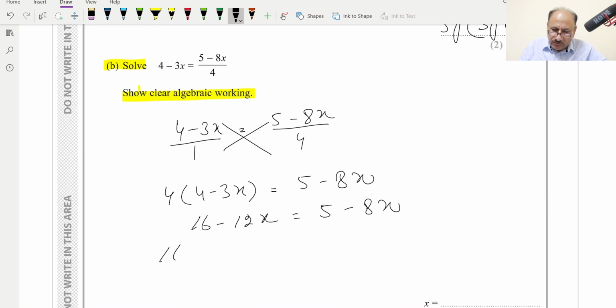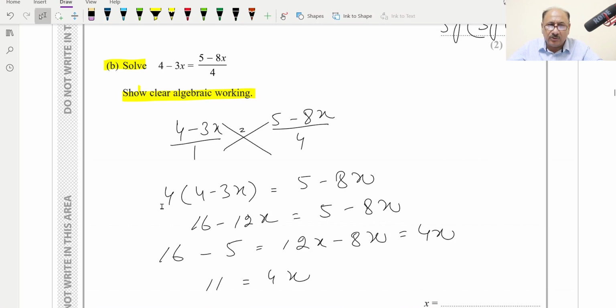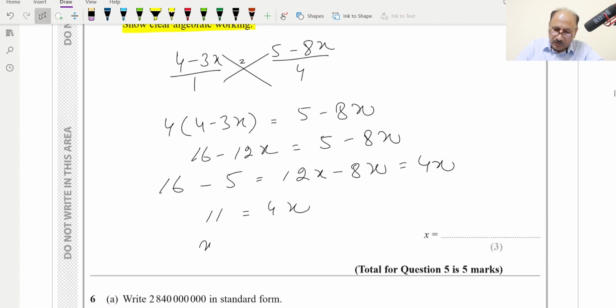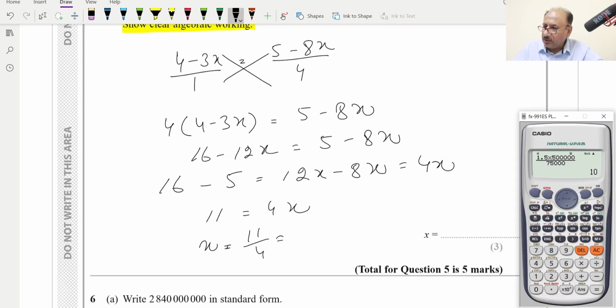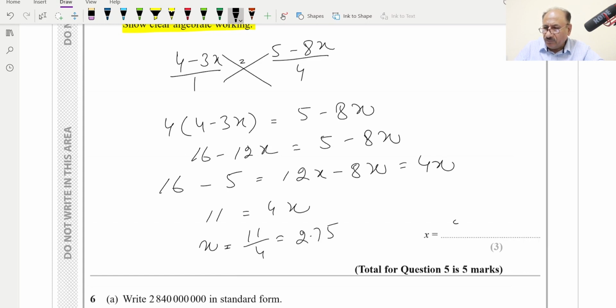So 12x we will shift to other side. So 16 minus 5 is equal to 12x minus 8x, which is equal to 4x, and this will be 11 is equal to 4x, so x will be equal to 11 over 4, which we can write in decimal format also, and this is equal to 2.75. 2.75 will be our final answer.